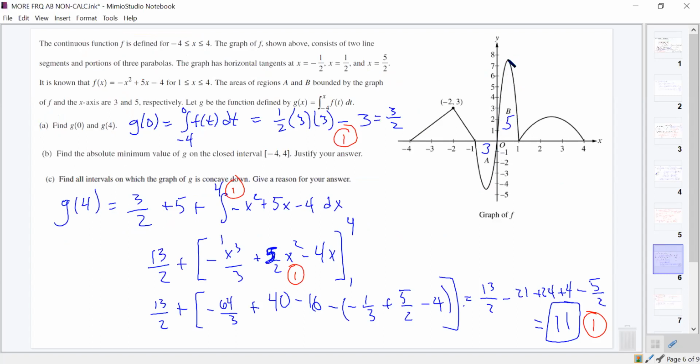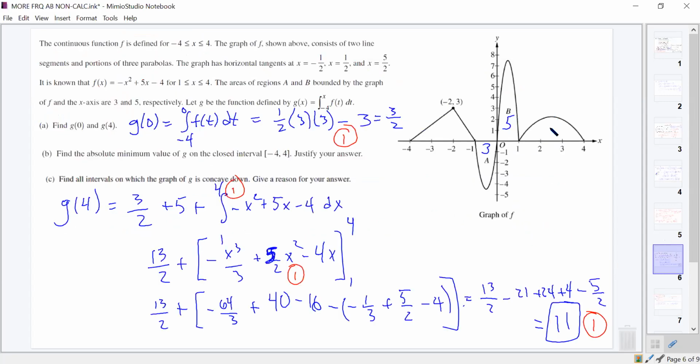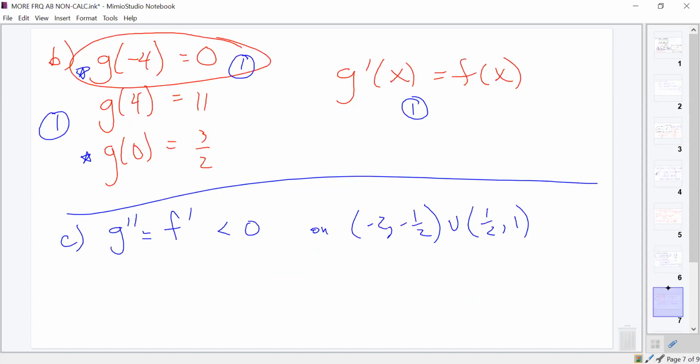Again, negative starting at +0.5. So from 0.5 to 1. And then again from, what was that one? 5/2 to 4. So 3 different intervals there.